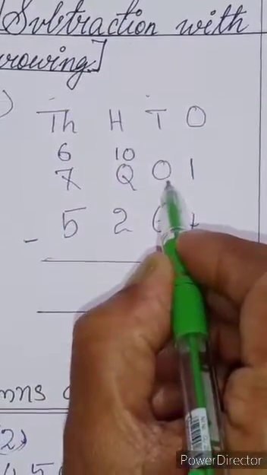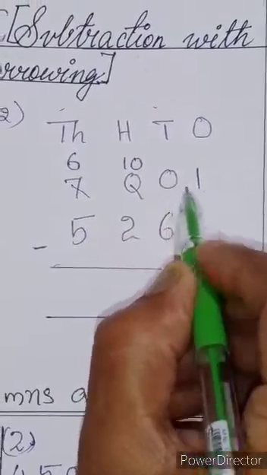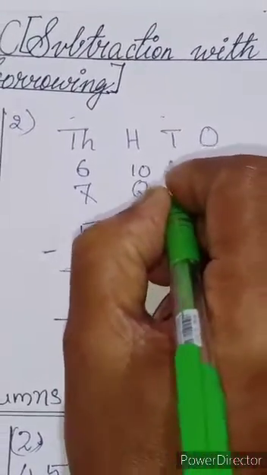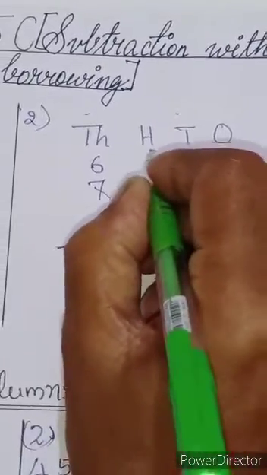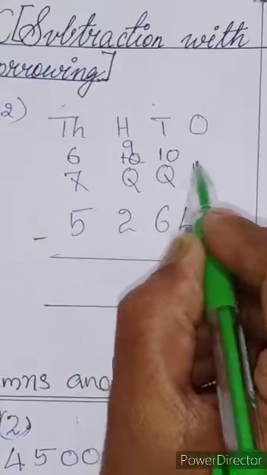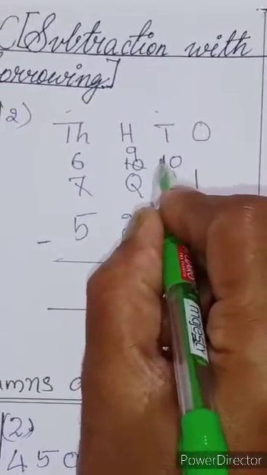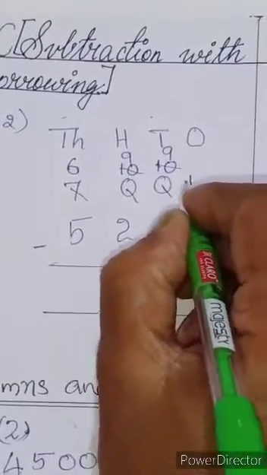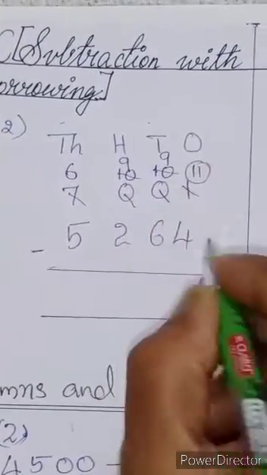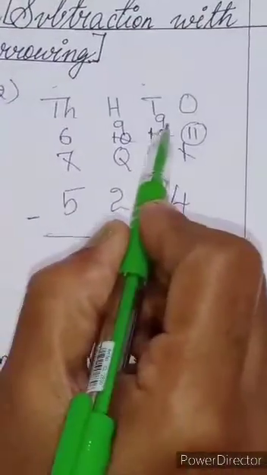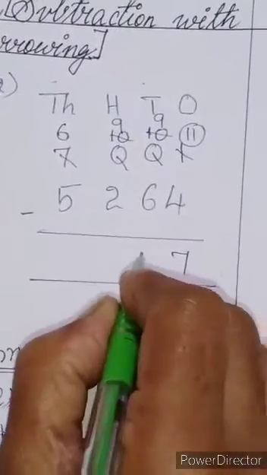Now you borrow 1 from this 10 and make this 10. This becomes 9. Now for ones column you borrow 1 from tens column, so this you cut it and write here 9, and this becomes 11. 11 minus 4, 7 you write here, and here it is 9. 9 minus 6, 3.